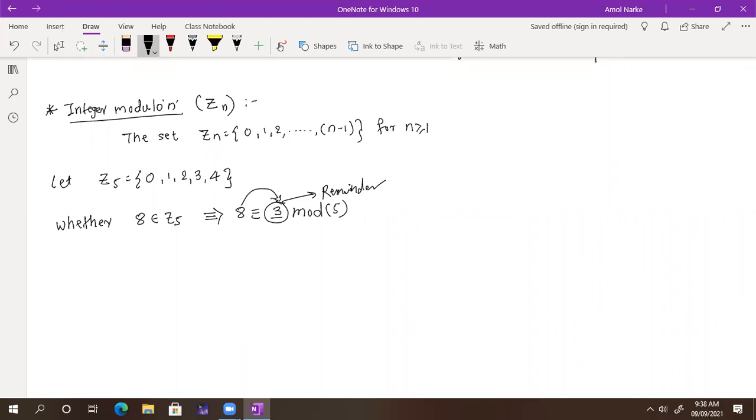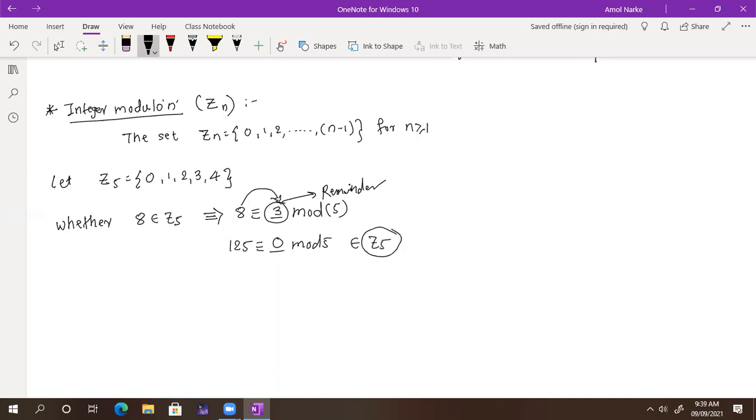Tell me, 125 is congruent to which number mod 5? It is 0. So whenever 125 comes, instead of 125 I just write 0. So 125 belongs to Z5, yes, because it is a modulo group.